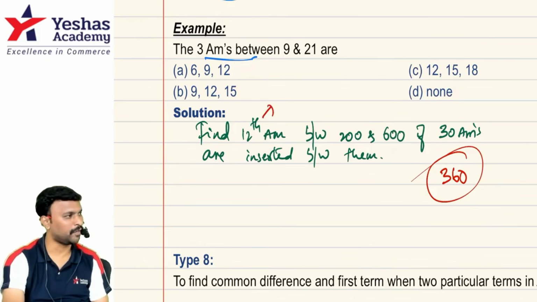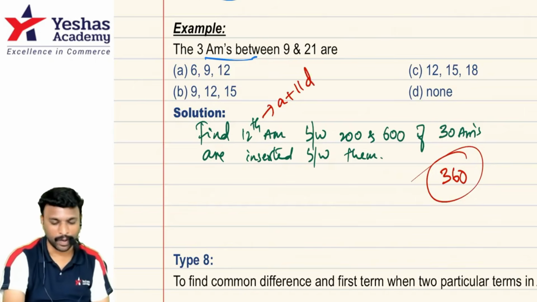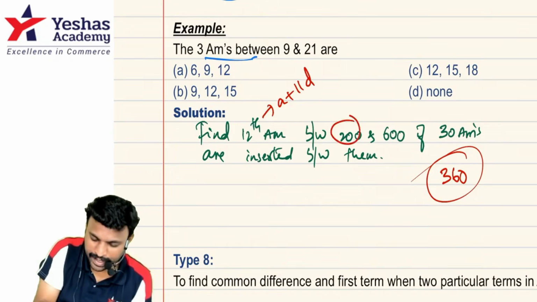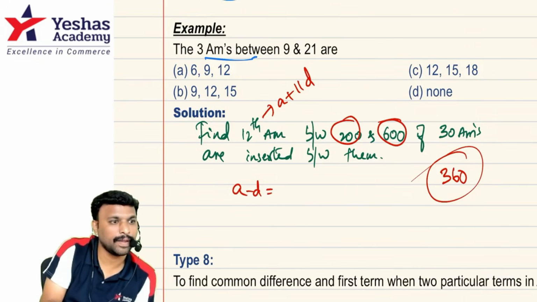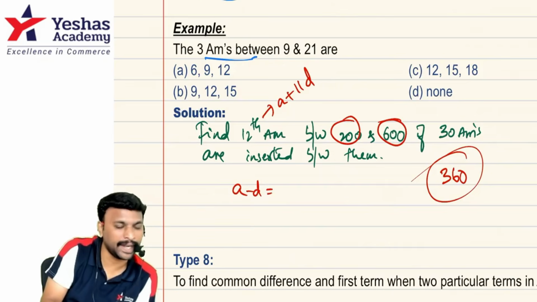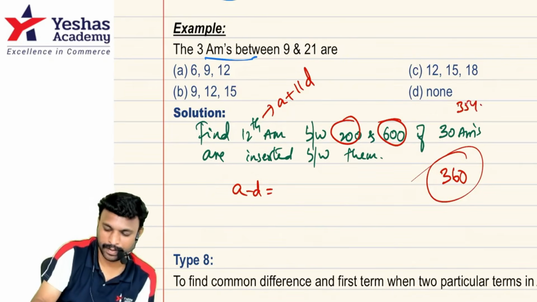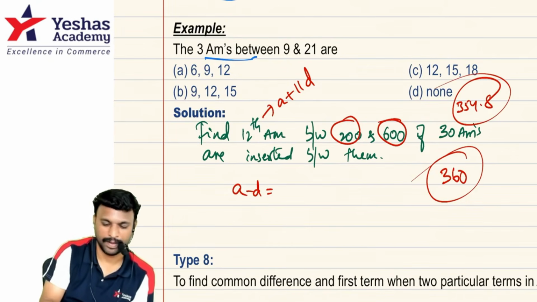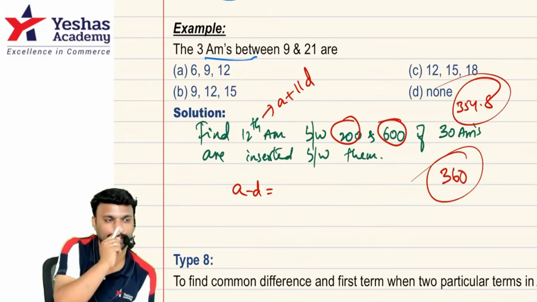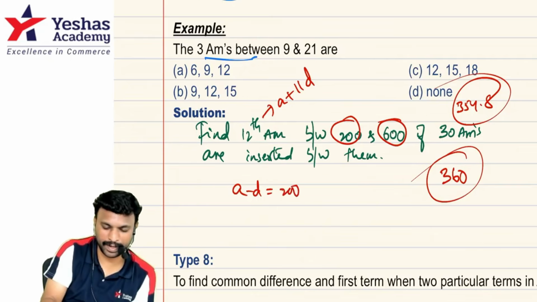As per the question, what do you need to find? A plus 11D. Correct. Now, what are these 200 and 600 as per the question? A minus D is how much? 200.